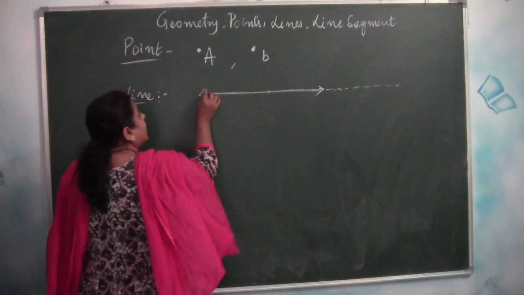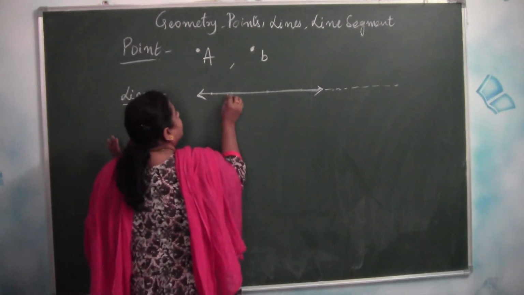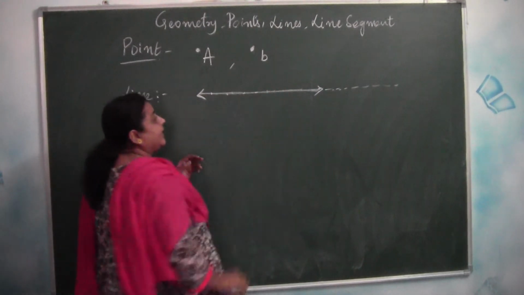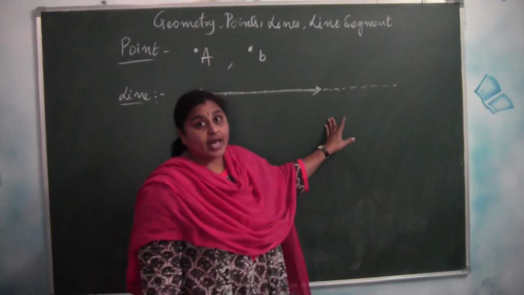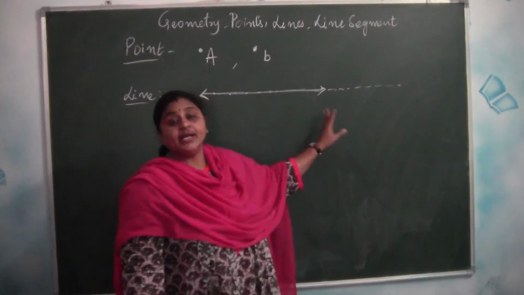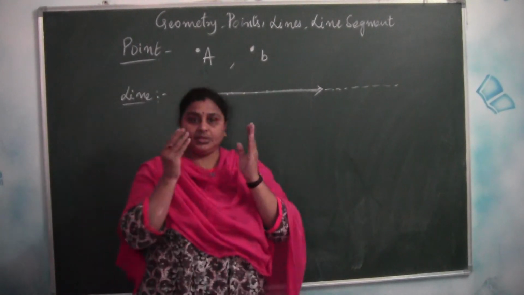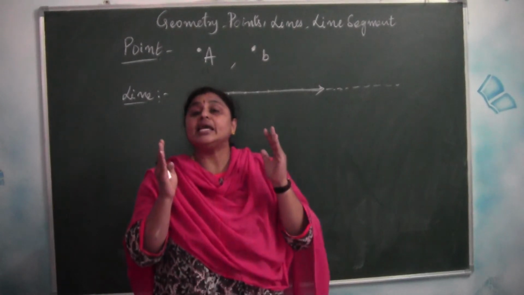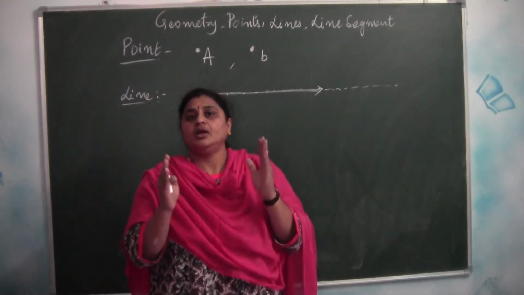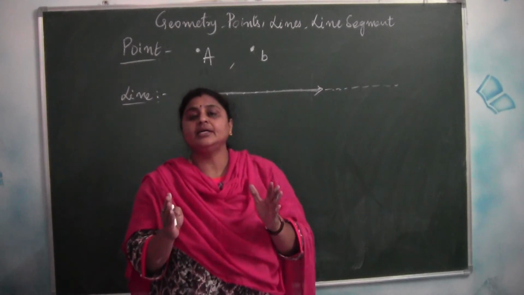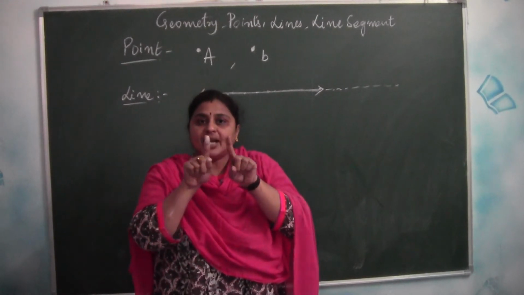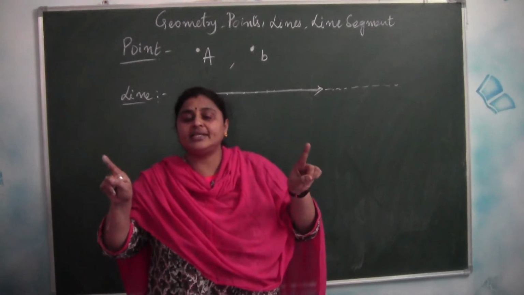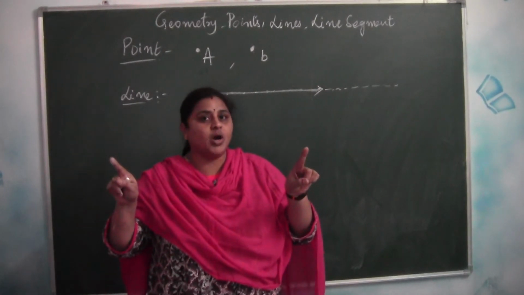Okay, so a line is formed by a set of points and has two arrow marks, which show that the length of the line can be increased. The arrows represent that the length of the line can be increased as much as we want.